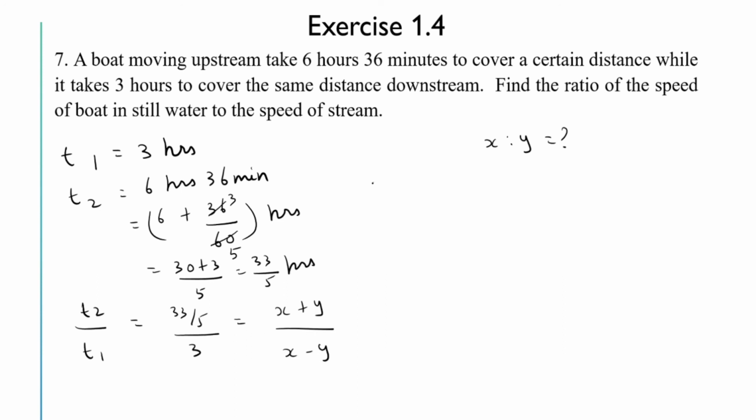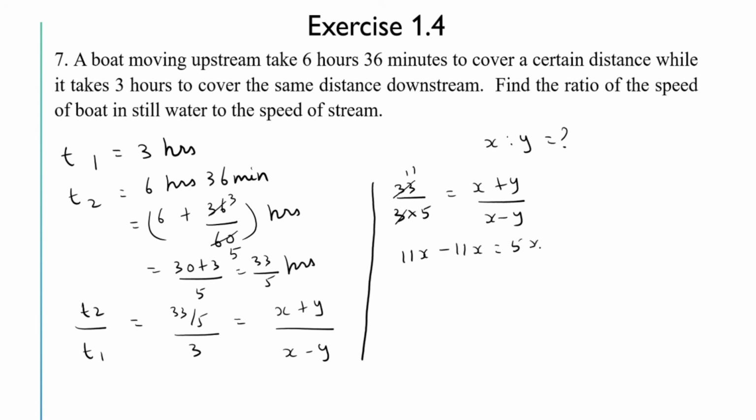So from here we have 33 by (3 into 5) is equal to (x plus y) by (x minus y). So this will go 11. Let us cross multiply. We get 11x minus 11y is equal to 5x plus 5y.